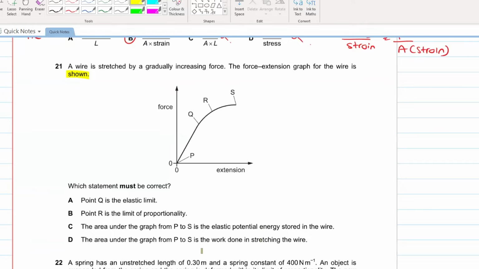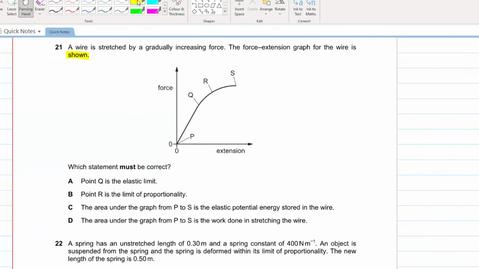See, this is wrong. Beta, why is option C wrong? The area under the graph from P to S is not entirely elastic potential energy. Beta, it is completely possible that some part is plastic potential energy and some part is elastic potential energy.